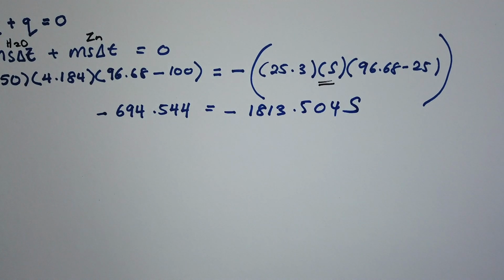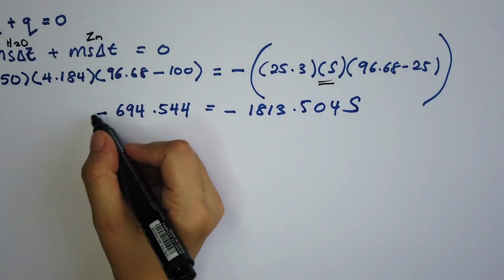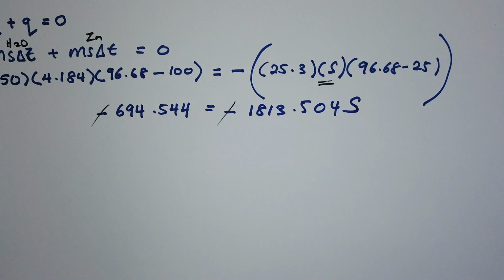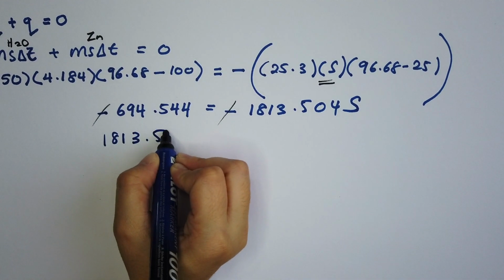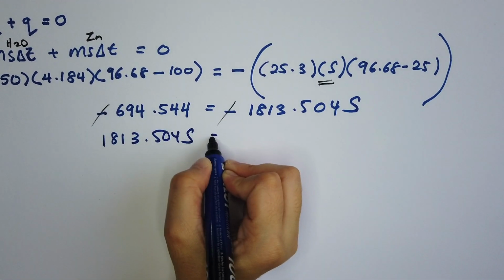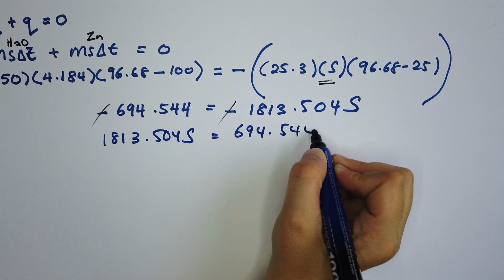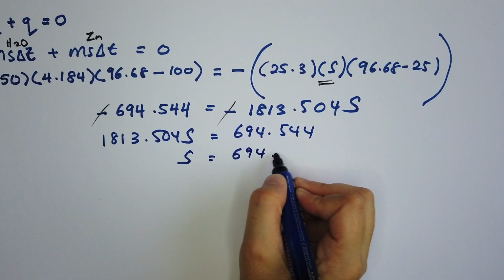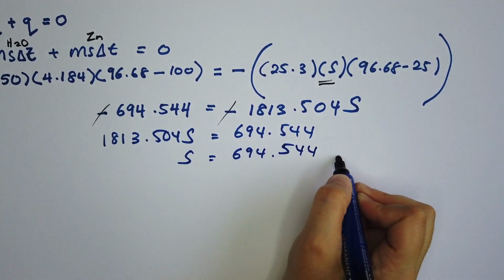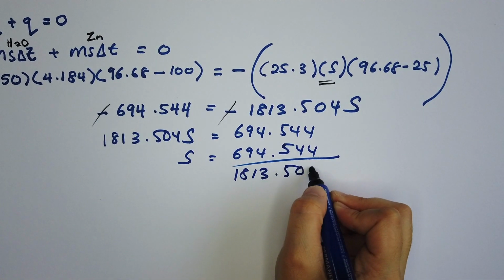You're going to bring this over here to make it easier, because this is negative and negative, you can cancel both. So you will have 1813.504 S equals 694.544. Your S shall be 694.544 divided by 1813.504.